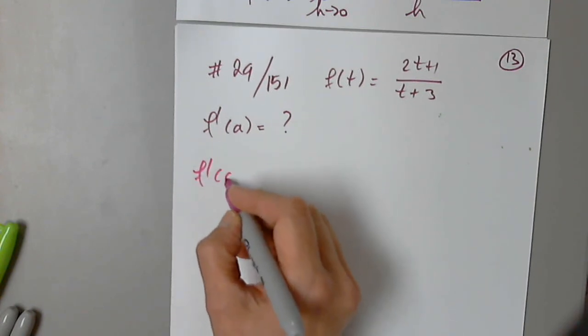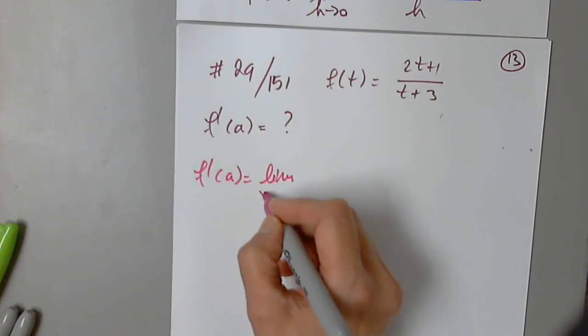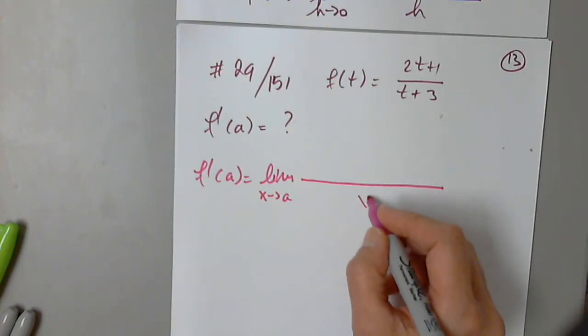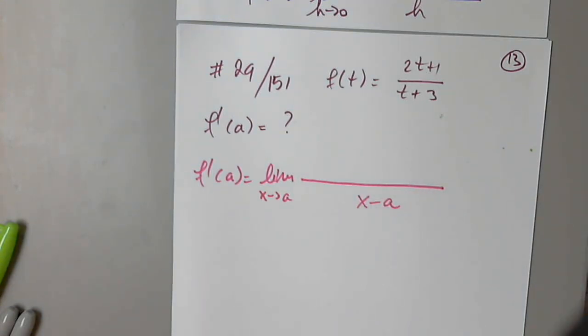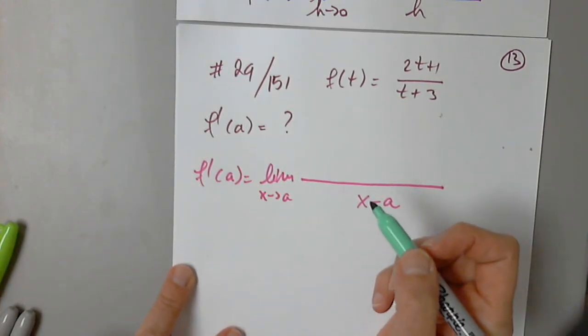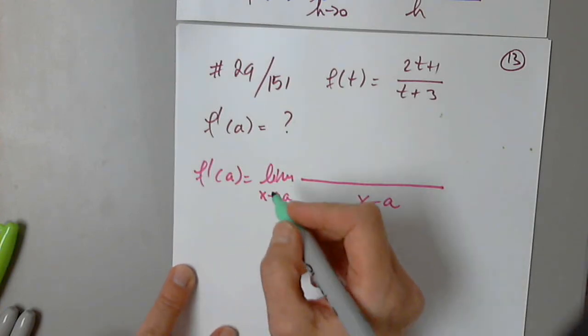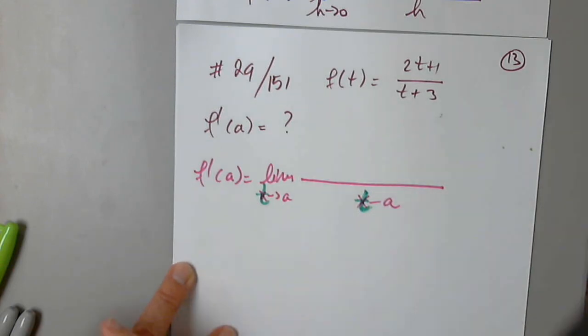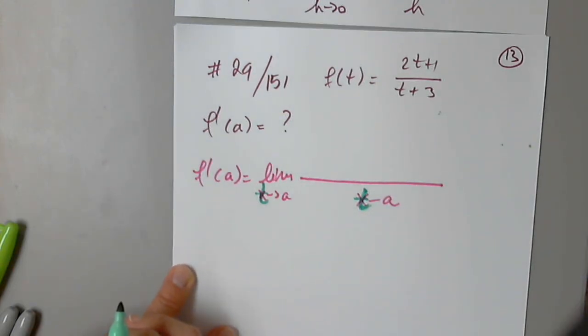Okay, so f prime of A, limit as x approaches A, of course, x minus A. Ready? So, what do we do? Sorry, t approaches A. There's no x here, sorry.